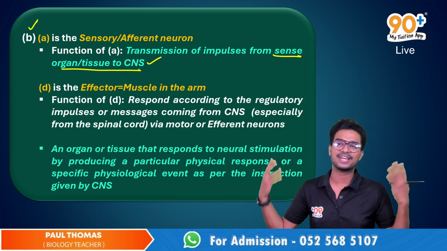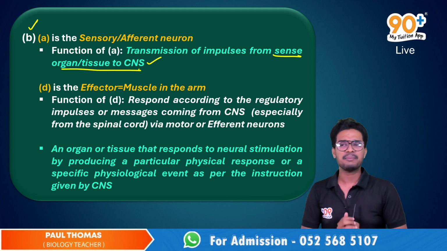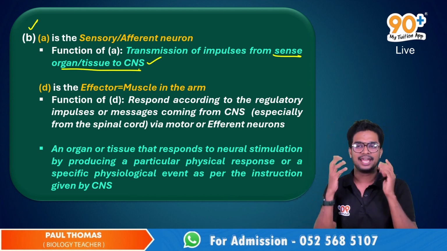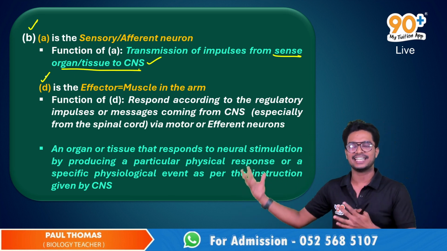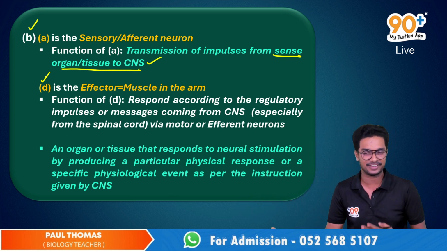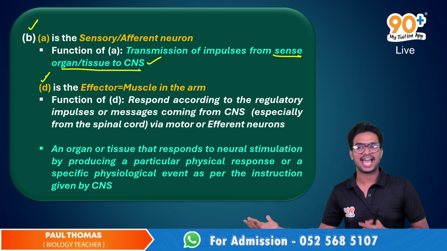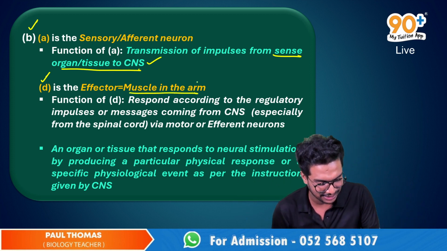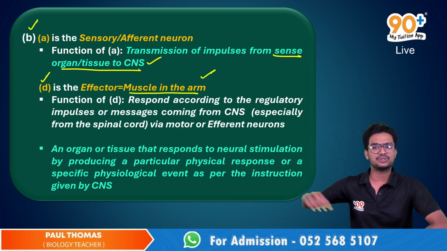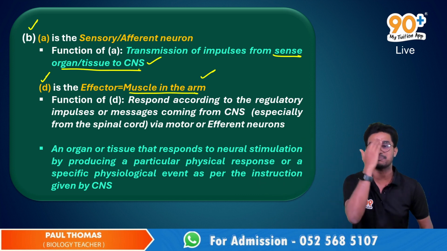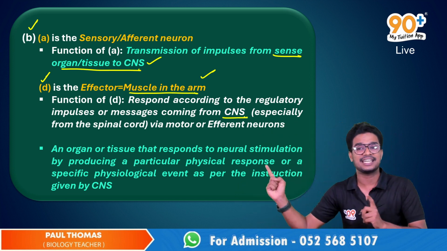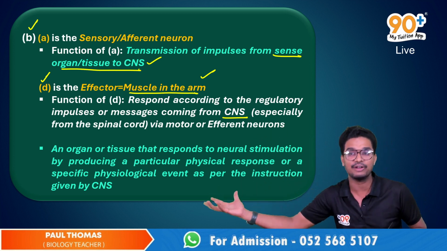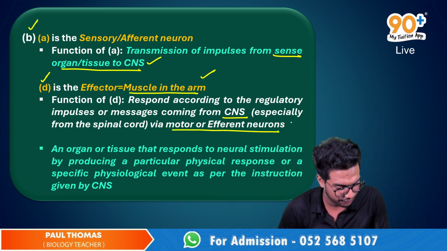You can also mention it as CNS, but if you mention CNS in brackets, you should put especially spinal cord. And what is the function of D? D is always the effector, and in this reflex action D represents the muscle in the arm. The function of D is to respond according to the regulatory messages or impulses coming from the central nervous system, here especially the spinal cord, via motor or efferent neurons.